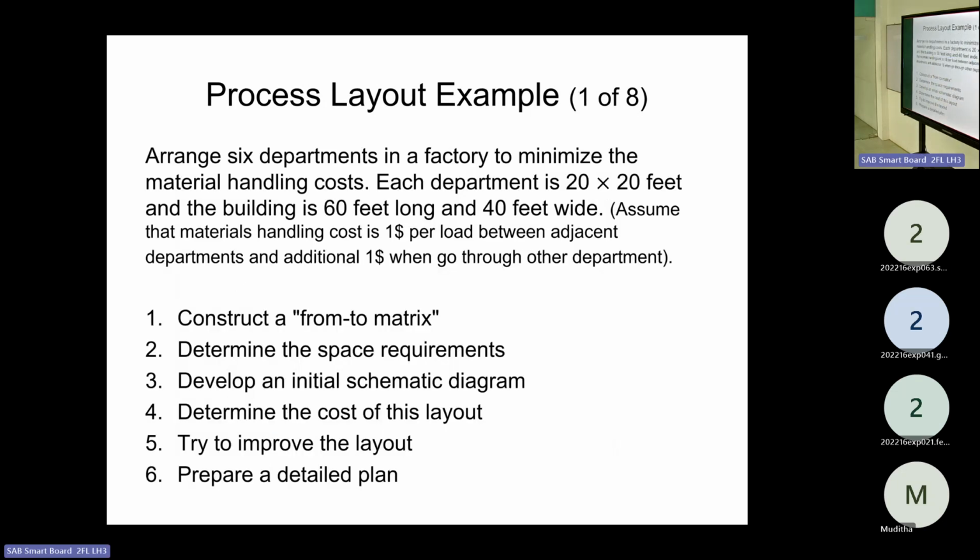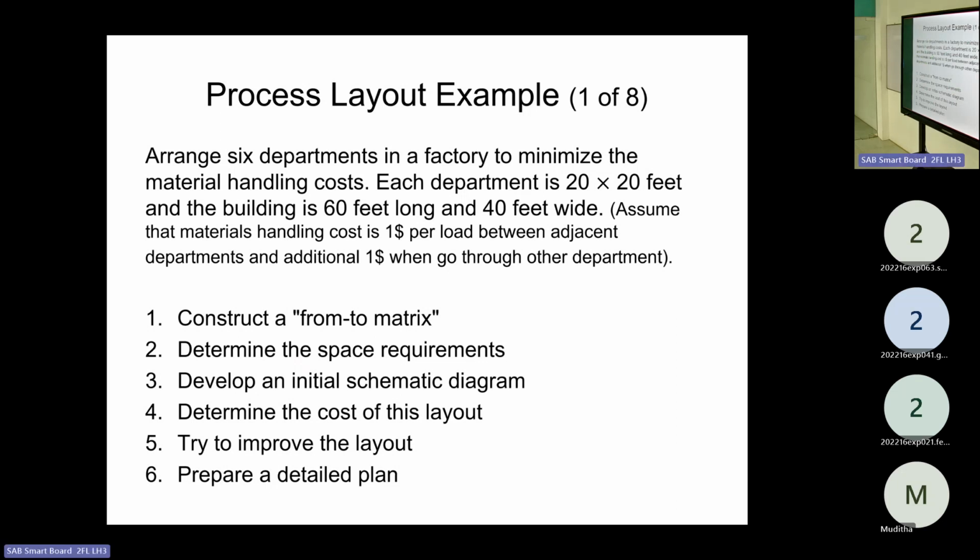So what we have to do is develop an initial solution, because for a simple question like this, simple layout plans like this, we can initially use the traditional approach, what we call the trial and error method. We try to manually process information and come up with a layout plan. That technique is called the trial and error method.